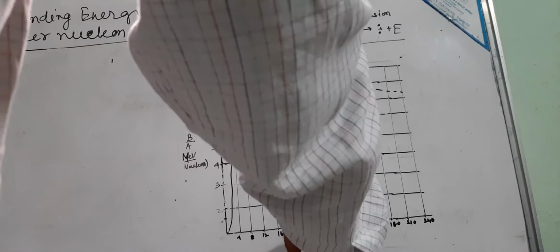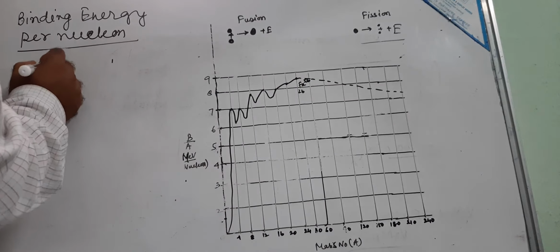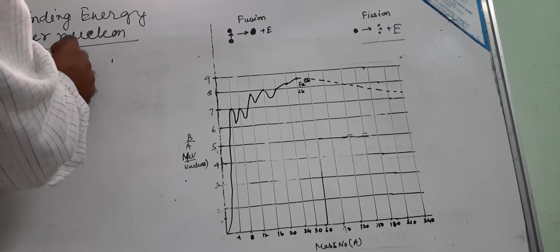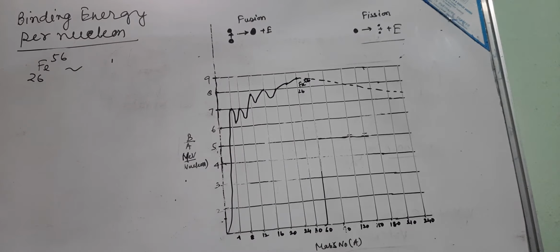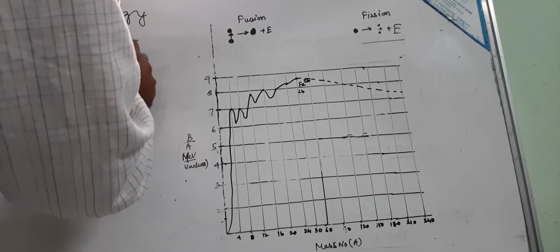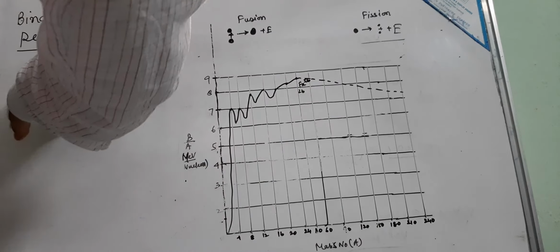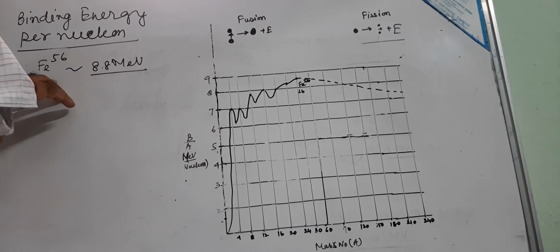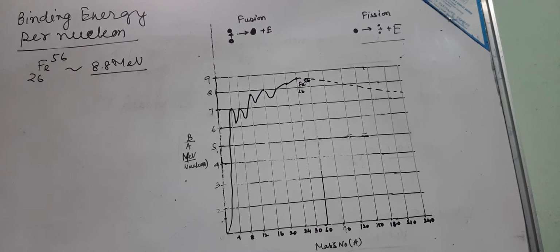At a mass number of approximately 56, in the case of iron-26 with mass number 56, its binding energy comes out to be 8.8 MeV, meaning it is highly stable, and it is approximately Z equal to N. That is, 26 protons and 30 neutrons.